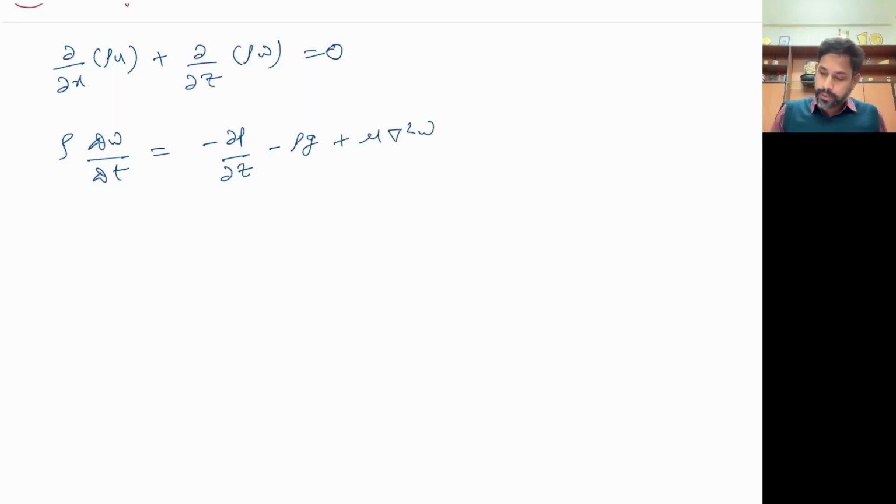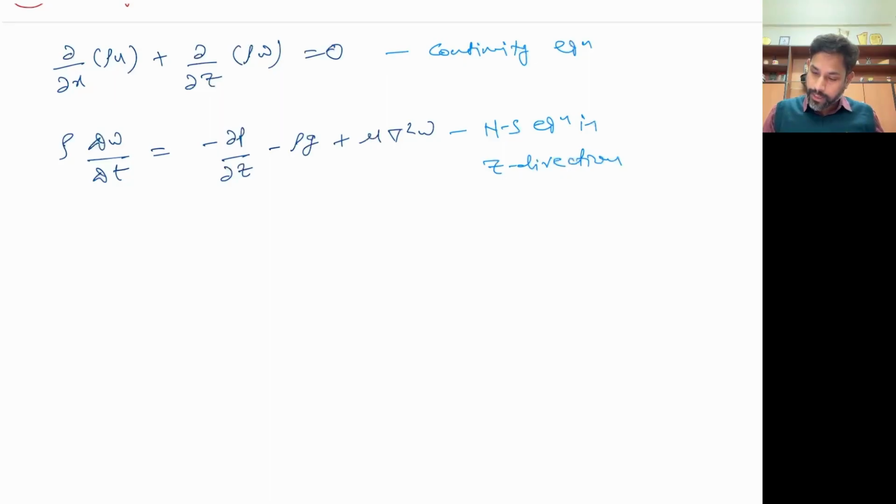Okay, so this again the same equation. This is continuity equation, and this is Navier-Stokes equation in z direction. Okay, and we are writing again this for 2D flow, and this can also be written for 3D flow obviously.